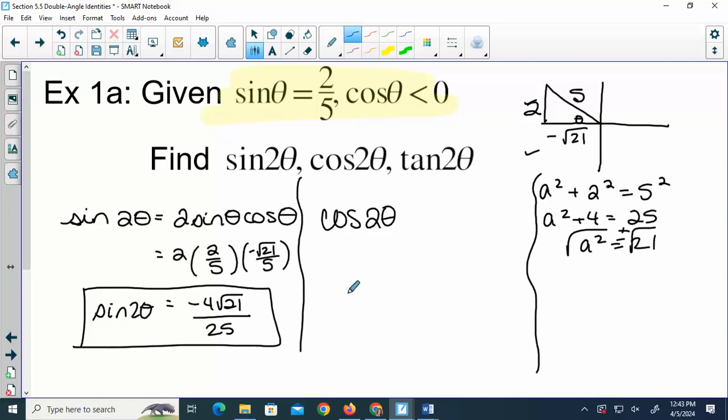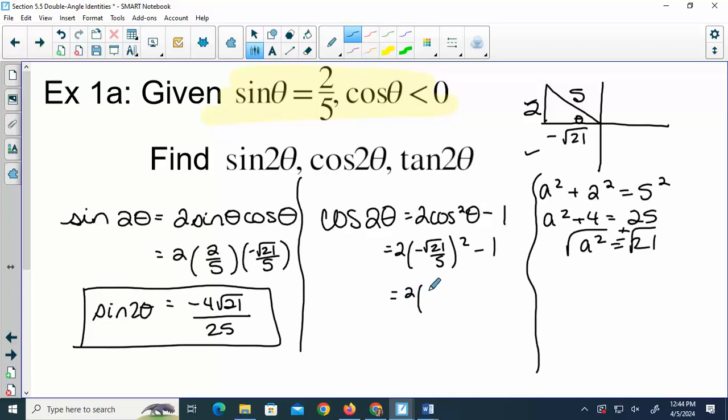Cosine 2 theta. There's 3 different formulas. You can pick any one you want. So just pick one. What do you want to do? 2 cosine squared A minus 1. So if we do that, what would cosine of theta be? Negative radical 21 over 5 squared minus 1.